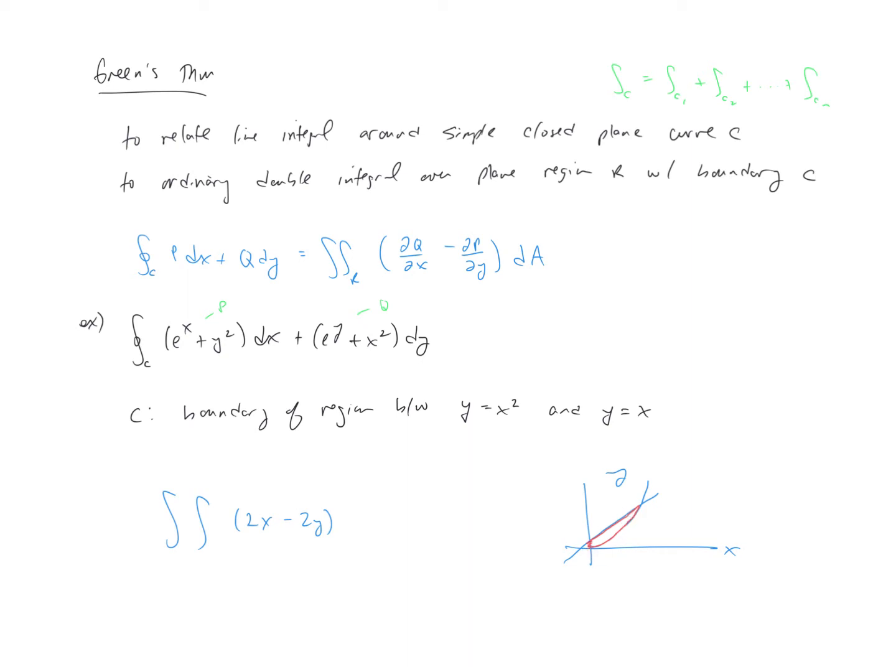And so to get that set up, maybe we'll go vertically, which would imply then a dy dx. So the parabola would be on the bottom, the line would be on the top, and you've probably done this example enough already to know that they intersect at 0 and 1. If not, just go ahead and set these two things equal, and then you'll find out. So there's our setup using Green's theorem, which is a whole lot easier than what we've done previously.